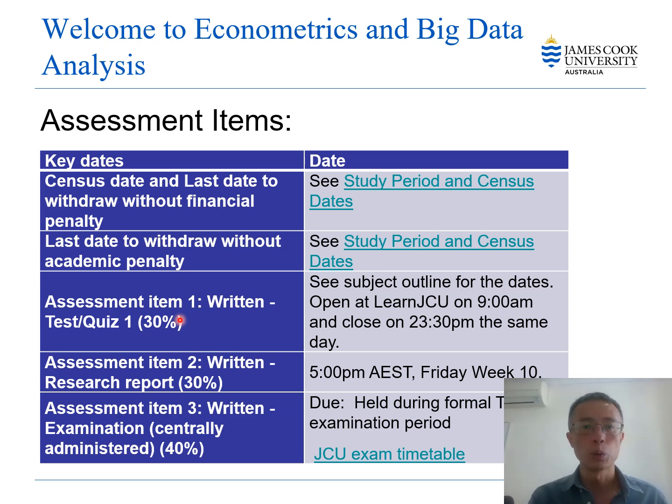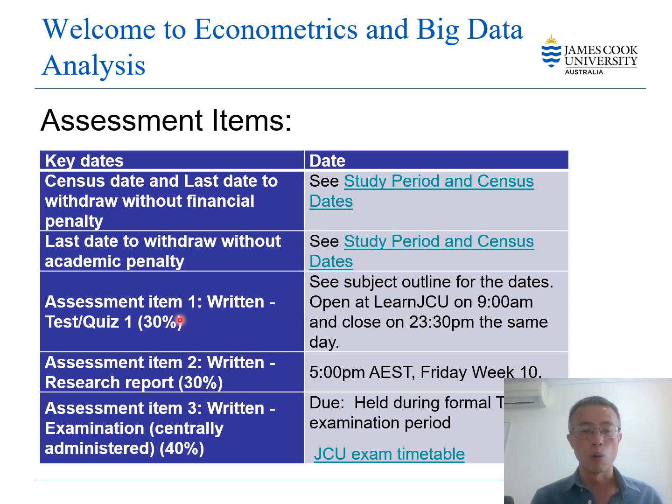The second one is a written research report, which accounts for 30% as well. It's due at 5 PM Friday of week 10. On the LearnJCU subject site, there will be a Dropbox open in due course where you can submit your research report. The third assessment item is the written examination.